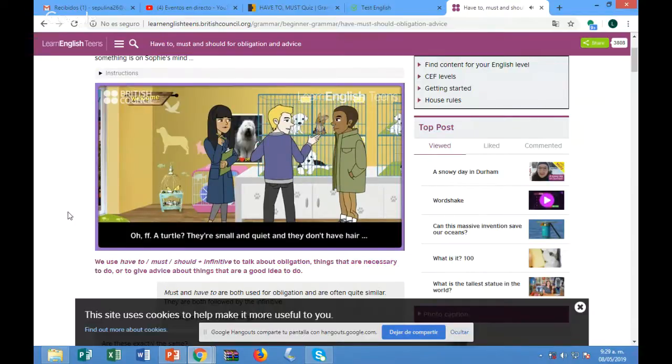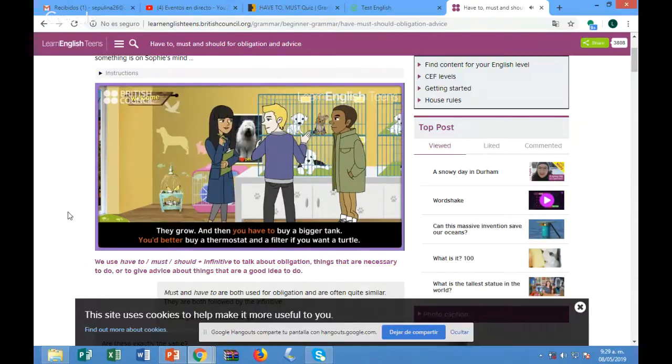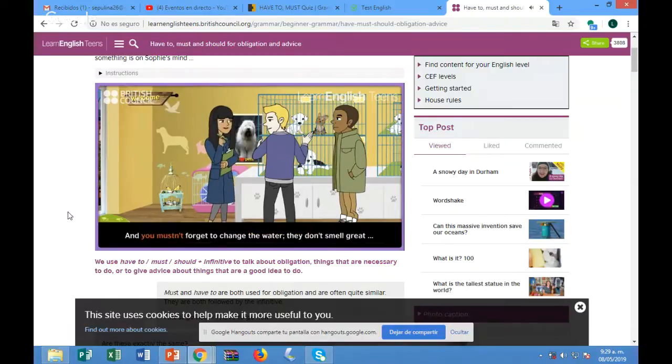They're small and quiet, and they don't have hair. They grow, and then you have to buy a bigger tank. You'd better buy a thermostat and a filter if you want a turtle. And you mustn't forget to change the water. They don't smell great. What about a hamster?